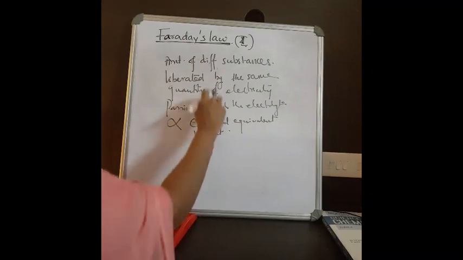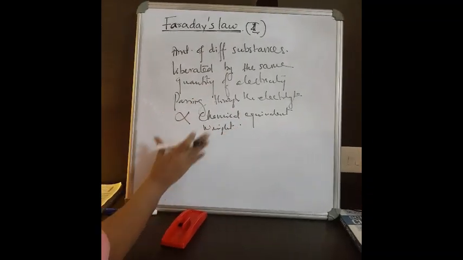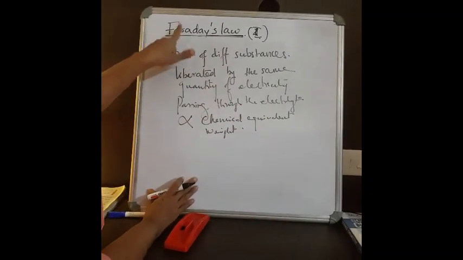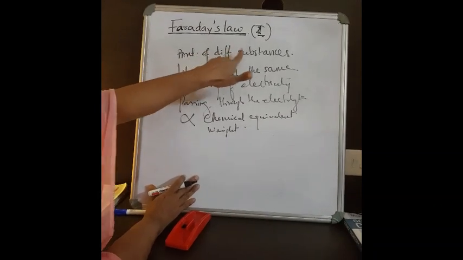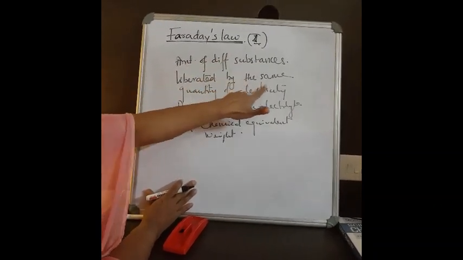They won't ask you the law, but they will ask you the numericals based on this law. So that is, the second law states that the amount of different substances liberated by the same quantity.